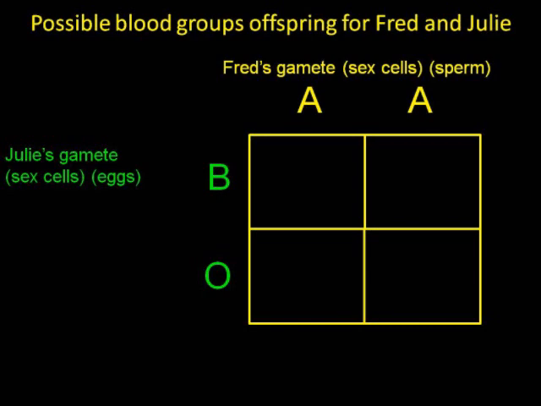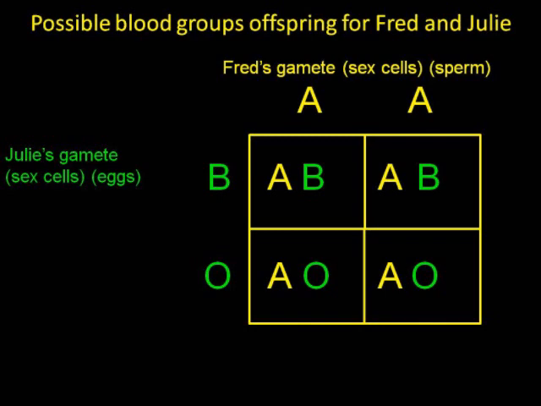Well, of course, he's only got the A allele, so that's the only one that he can have. Julie's gametes, her sex cells, her eggs, can have one gene, and it can either be the B allele or the O allele. So if we fill in the boxes, we get the answer to look like this.